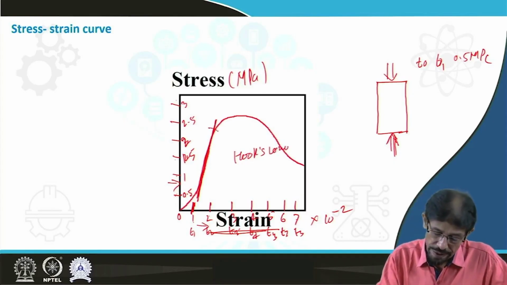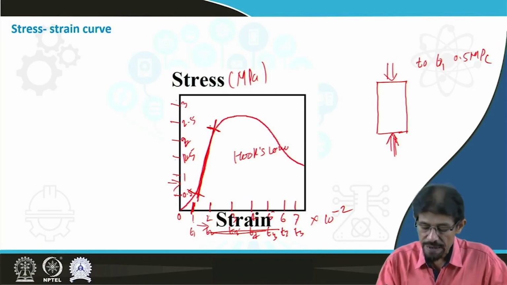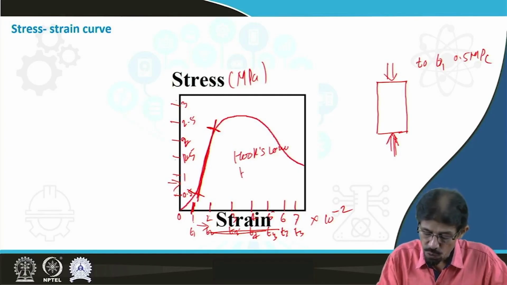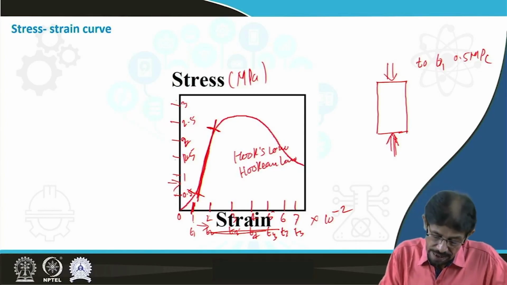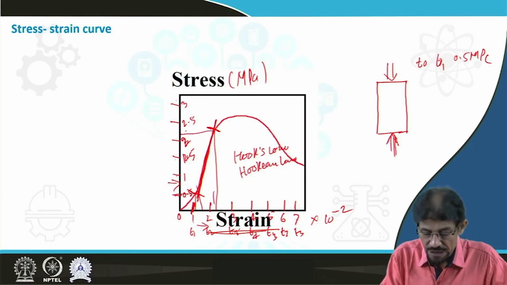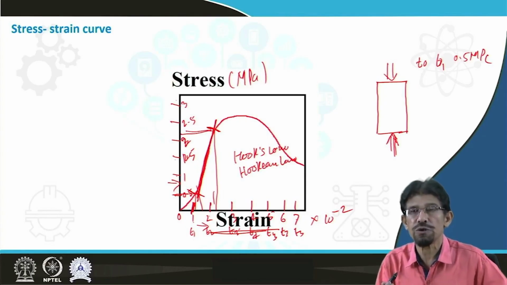Therefore, if any material is able to show this type of stress strain behavior, then we can say that this material is following Hooke's law, where the change in strain and stress is in the form of proportion.